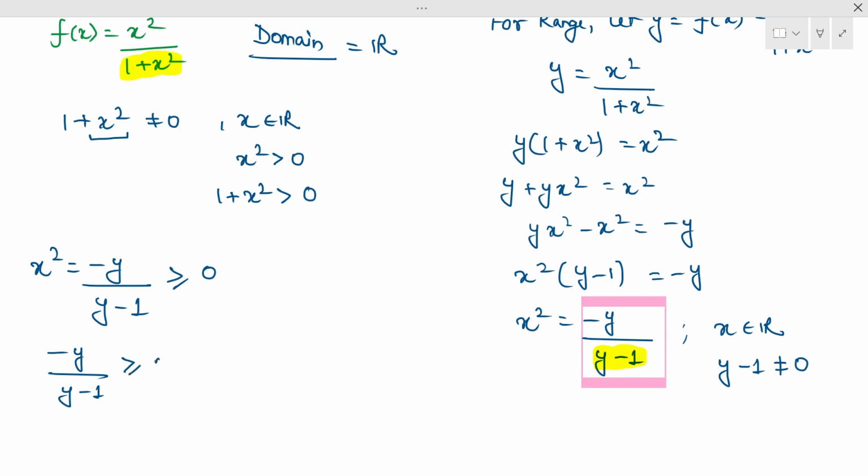Let us see the condition. Since this is y minus 1, we should multiply both sides by a positive number, so multiplying both sides by y minus 1 square.